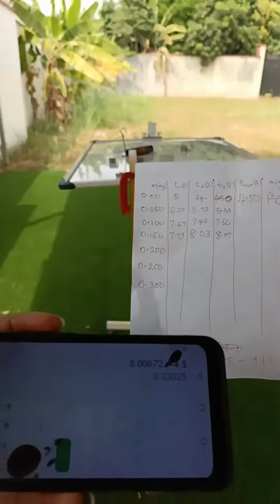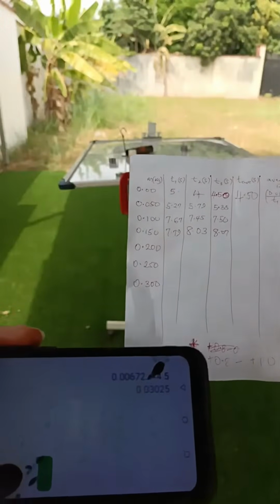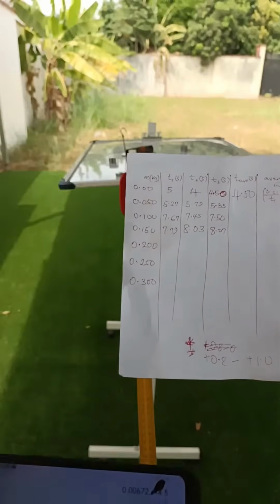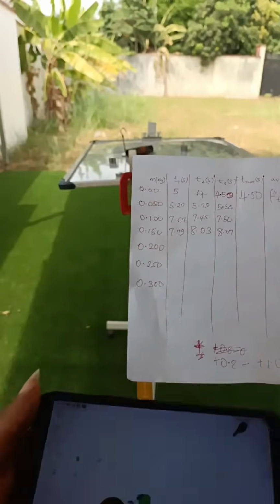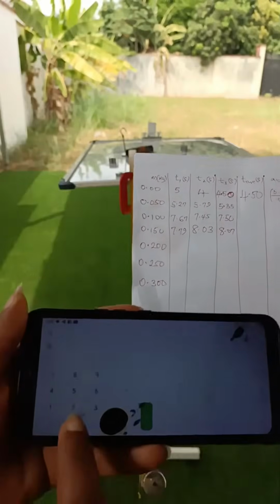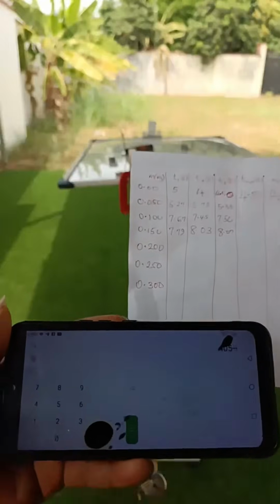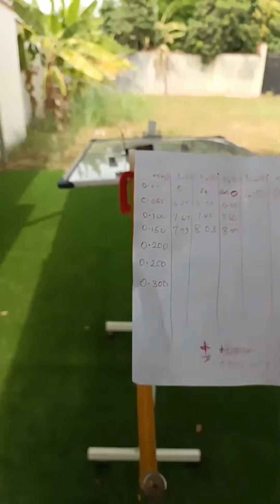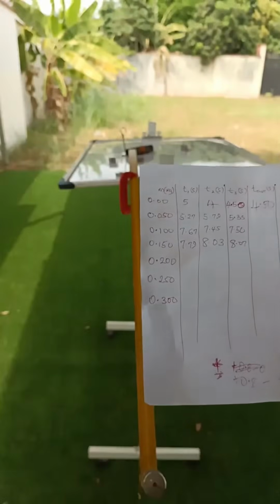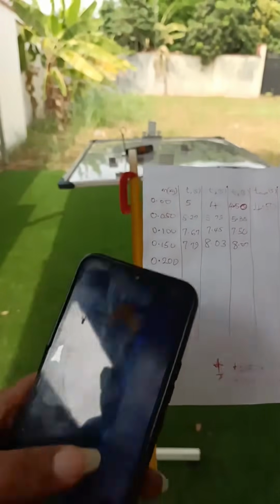Now, to obtain the period, it's going to be T average divided by what? 10. What is our T average for the first experiment? 4.5. Yes. We are dividing it by what? 10. In fact, in the instruction, let's check so that you observe from the table of values.